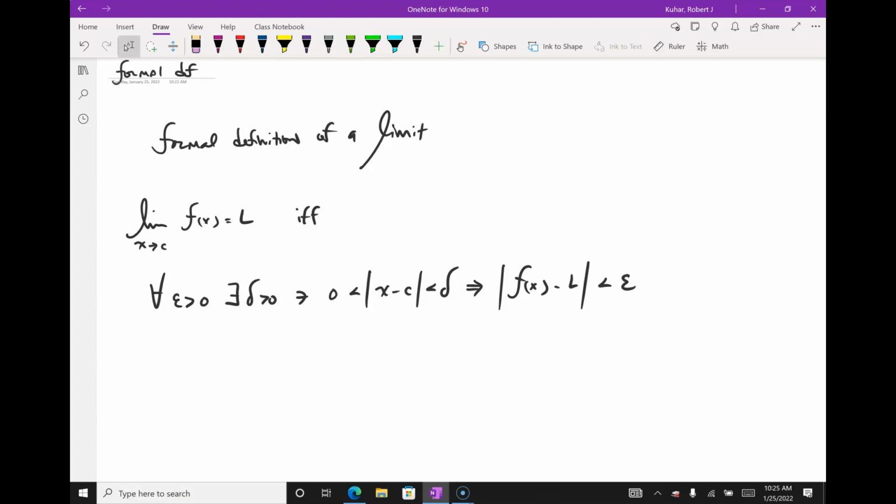Anybody want any of those words written down there? Yes. For every, no matter what number I pick that's positive, epsilon greater than 0.